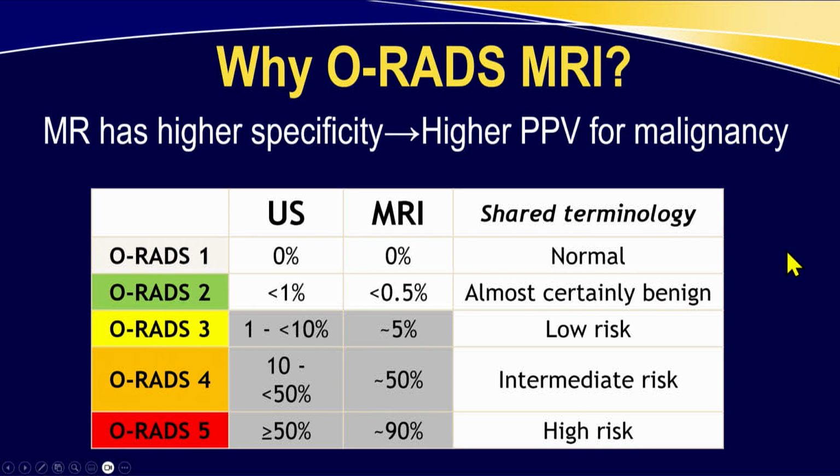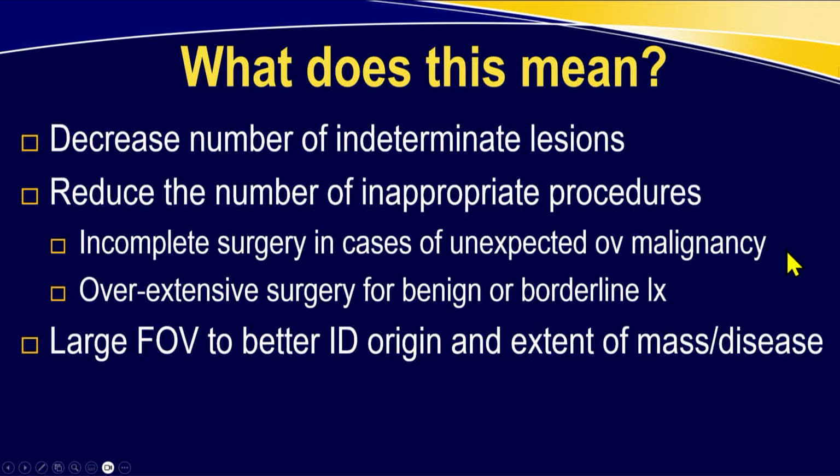And for O-RADS 5, ultrasound has greater than or equal to 50%, whereas MRI has a 90% positive predictive value for malignancy.